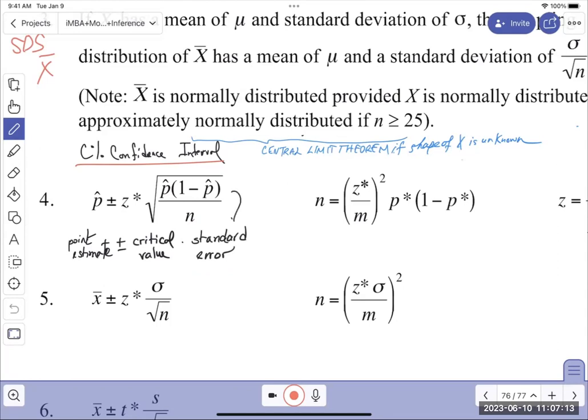It's an estimate of the standard deviation. Because I put in p hat into here, but this whole thing is supposed to be the standard deviation of p hat. I don't know p, so I had to use p hat to put in there. So it has a special name called the standard error.